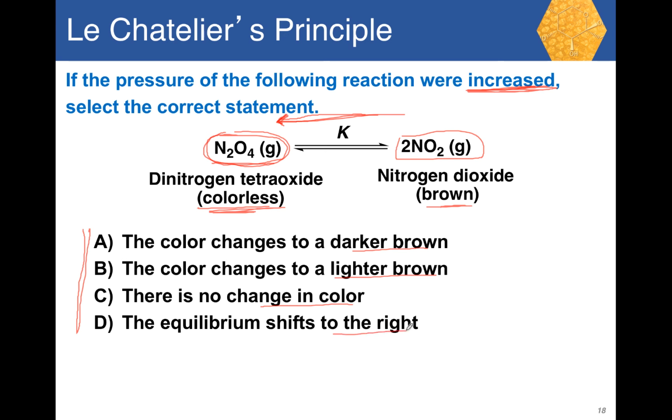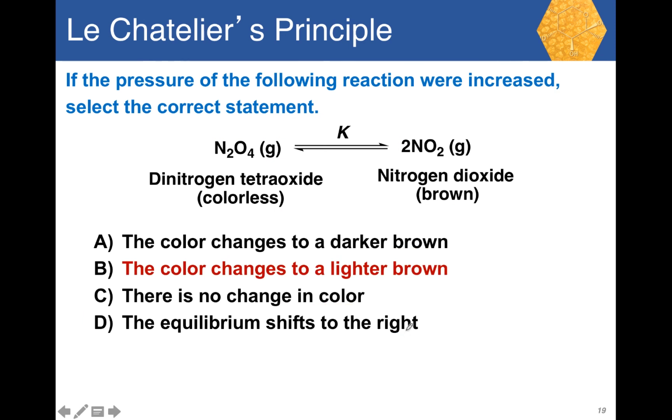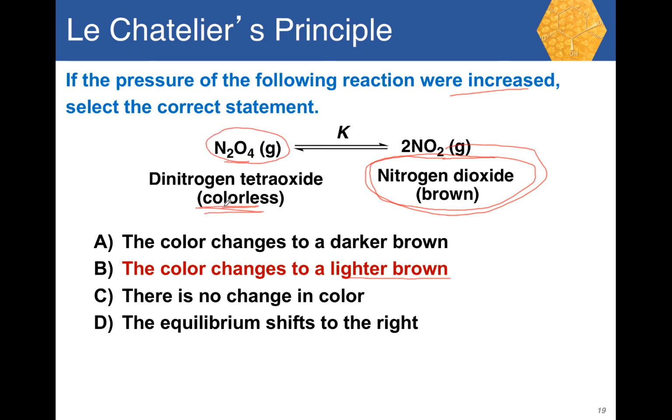Let's see what's the answer. Here it shifts to a lighter brown, because if you have a dark brown NO2 at equilibrium and you increase the pressure, you'll have less of this and more of this, which is colorless, so the color should decrease and get to a lighter color. Therefore, that's how you can tell that the equilibrium was shifted.